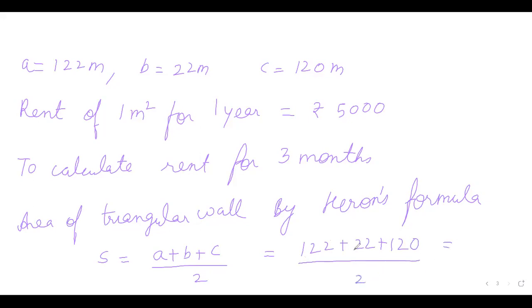It comes out to be 264 by 2. Everything you need to do mentally. See how I have done it mentally. 122 plus 22 is 144. Then 144 plus 120 is 264. Now just cut it by 2. You get 132 as the value of s.